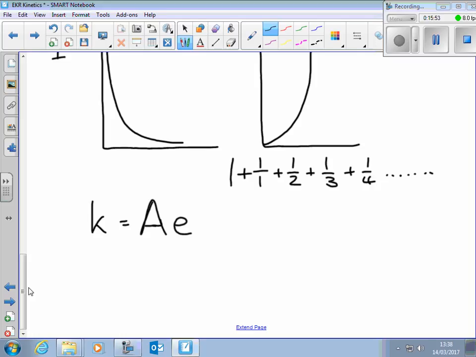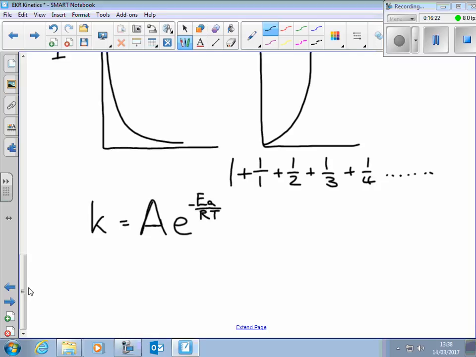I may be wrong, but we meet E in various guises, and now I've sort of messed up the space I need. The rest of that equation is supposed to be the power of E. So it's not up as far as it should be. It's E to the power of minus EA, which is the activation energy I mentioned to you yesterday with the enzymes, over RT.